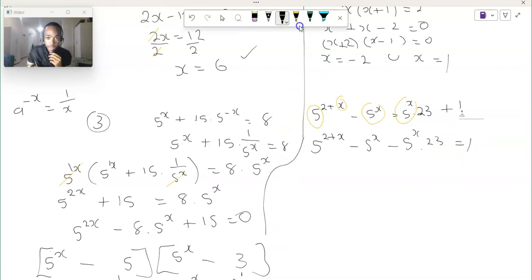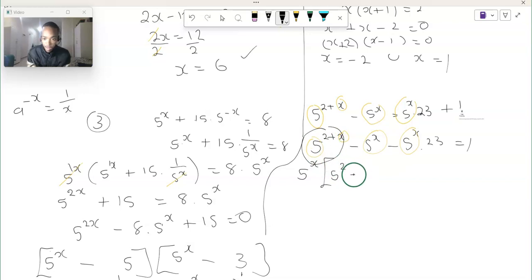Now that we have isolated that, you can see that 5x is common in all these 3 terms. So you can take out 5x, and then what you have is 5 squared. Why? Because 5 to the power x times 5 to the power 2, the bases are the same, you add the exponents, therefore x plus 2 or 2 plus x.